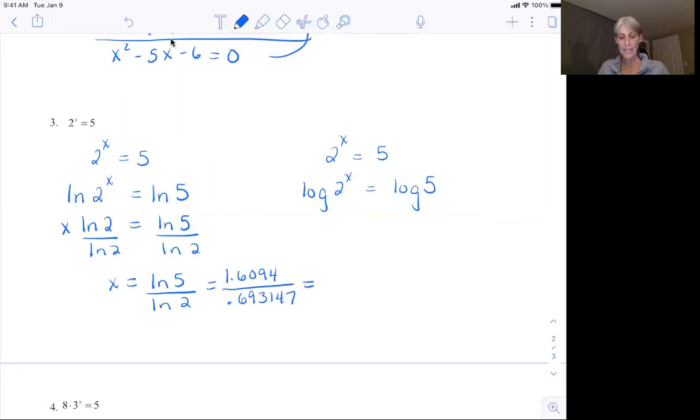Okay, so if you were doing this on your calculator, now I'm going to do it with the actual ln of 5 divided by ln of 2. I'm just doing this to show you that e raised to the power 1.6 gives you 5. So it's using the powers, their numbers. And the overall answer would be 2.322.